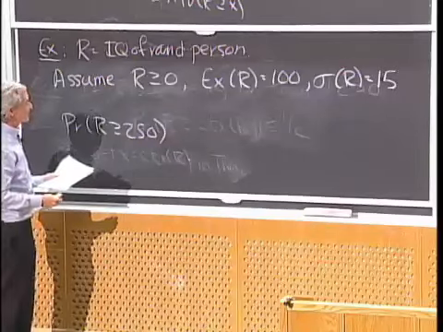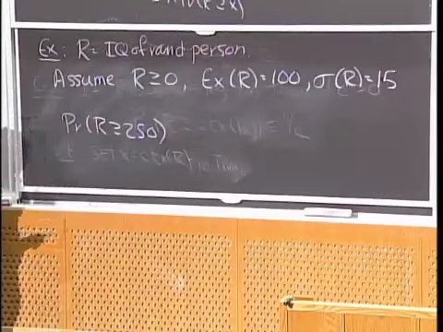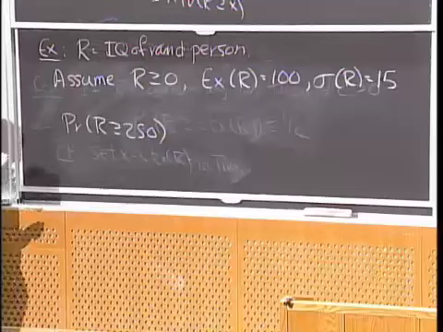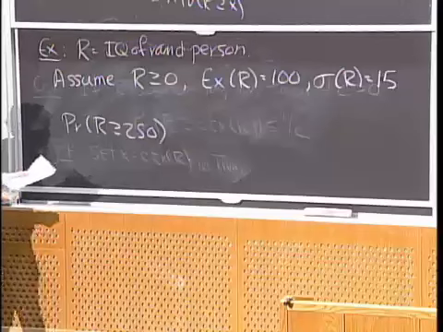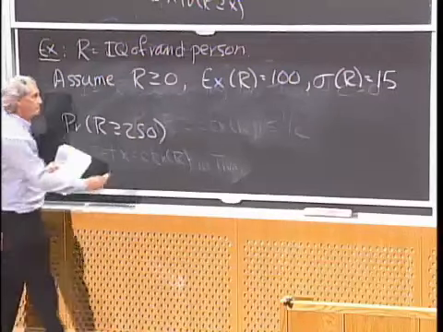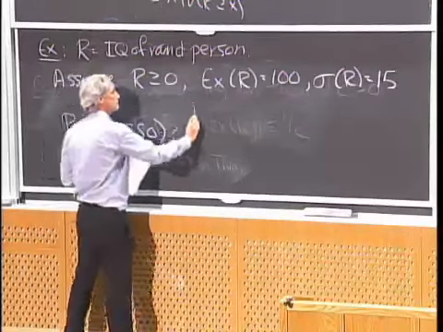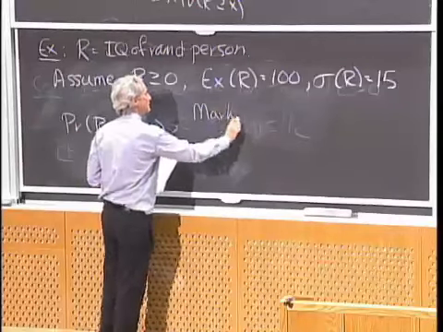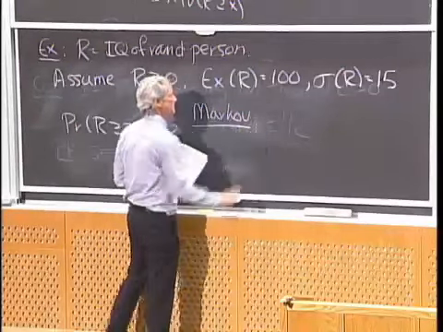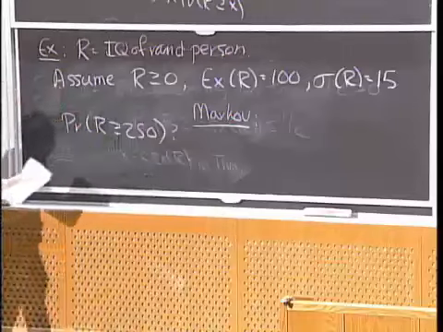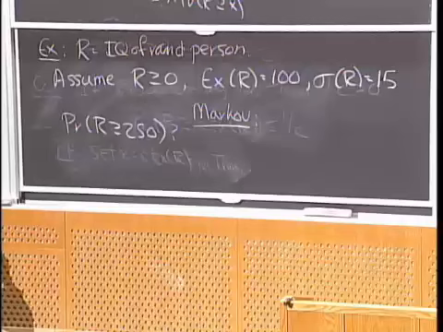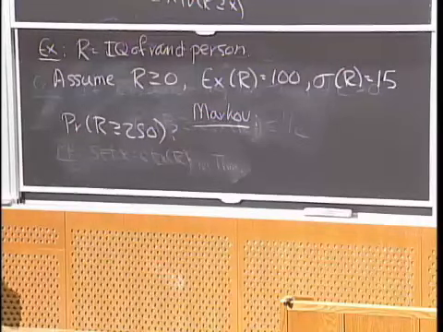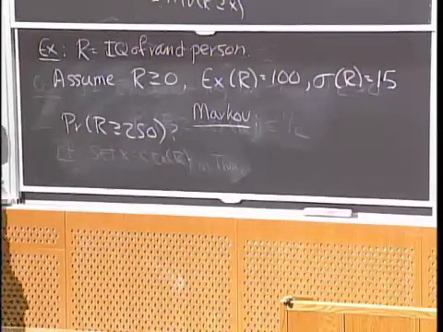In particular, say we used Markov. What could you say about the probability of having an IQ of at least 250? What does Markov tell us? Not quite 1 in 25, but you're on the right track.